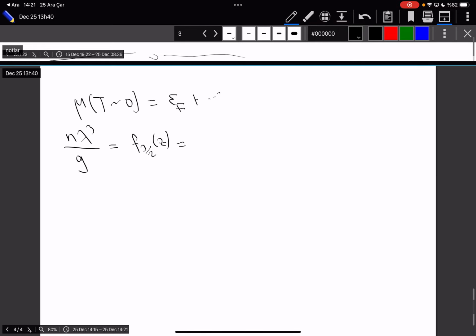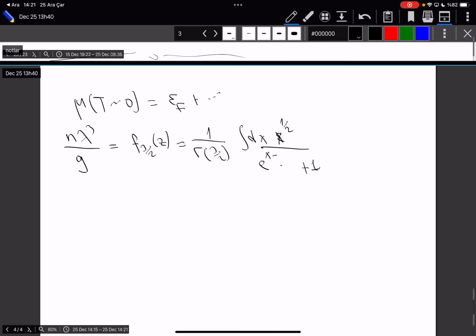Let me insert the definition first. This is 1 over gamma 3 over 2, the integral dx of x to the power 1 over 2 divided by e to the power x minus beta mu plus 1. This is the definition of f3 over 2 of z.